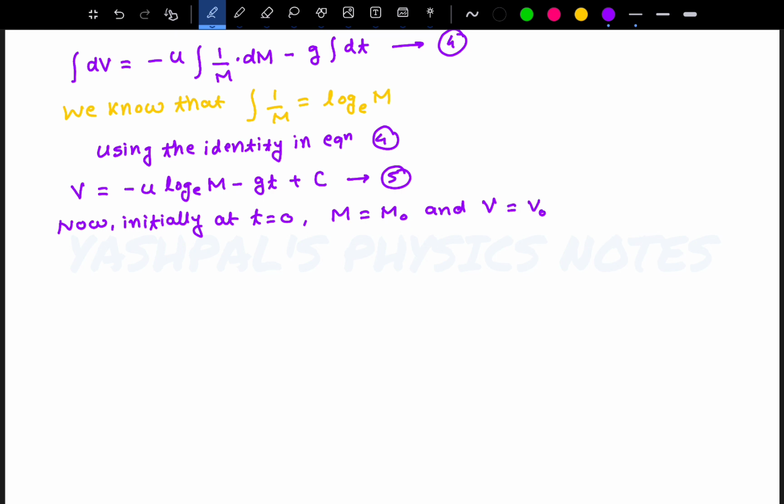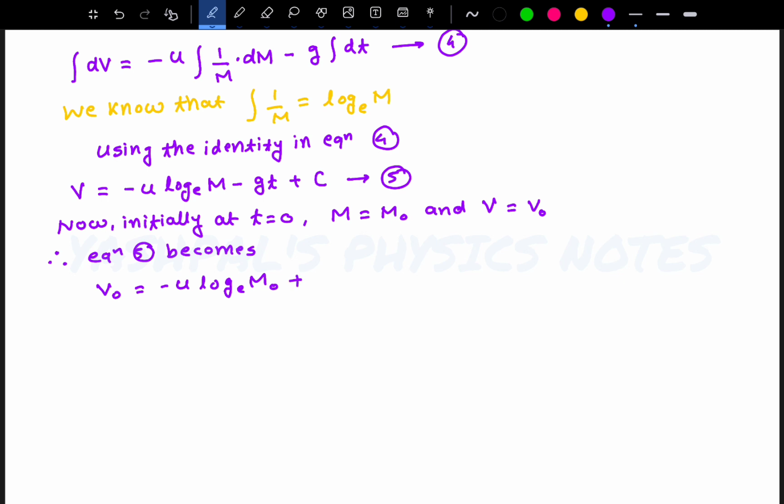So therefore equation number 5 becomes V equals V naught. I can replace V by V naught, that is the initial velocity, which means the rocket is not moving. Here minus u log to the base e m, I have replaced m with m naught, and since I am considering time t equals 0, this term gt will become 0.